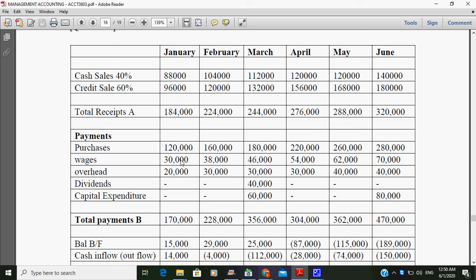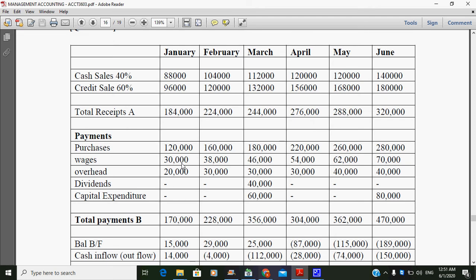And then we're going to find 75% of the current month wages, which is 0.75 times 32,000, and that will give you 24,000. Add 6,000 now, and that would give you 30,000. That's where you got 30,000 right here. So 75% of the current period plus 25% from the previous month.